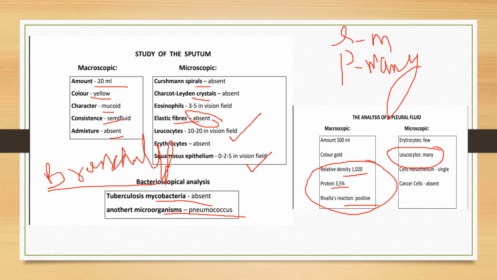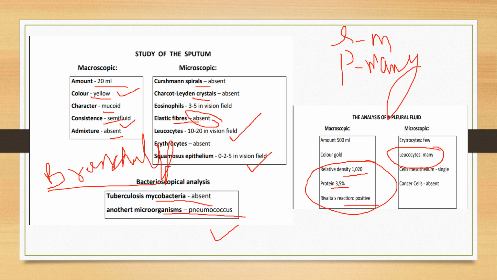But if you want to get an excellent mark on this analysis, how will you tell the analysis? You will start from initial. You can say like this: presence of yellow color, semi-fluid consistency, increased number of leukocytes and squamous epithelium, and presence of pneumococcus indicate inflammatory process. And such type of sputum can be bronchitis.